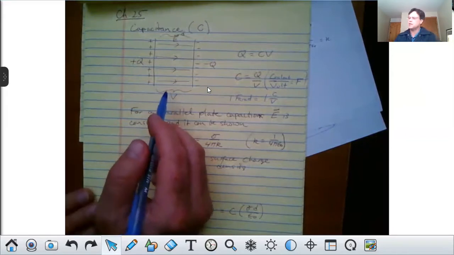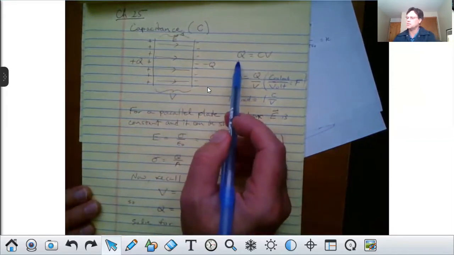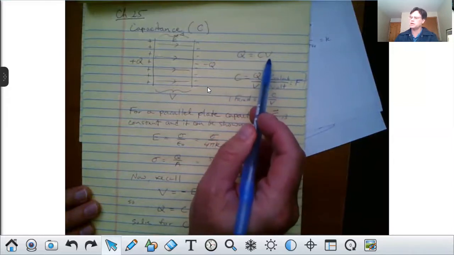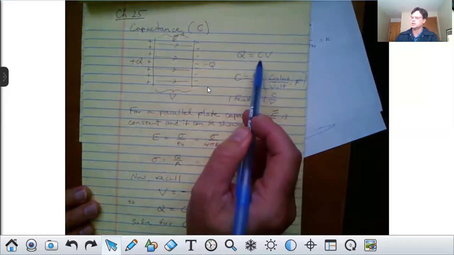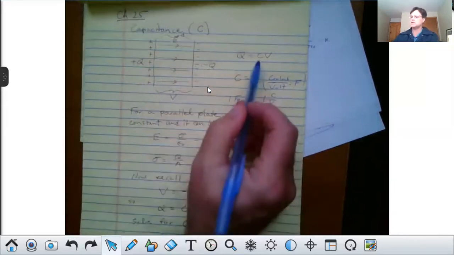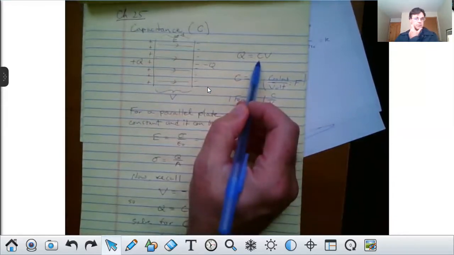So let's define capacitance. If you do some experimentation, you find that the amount of charge on the plates, Q, is proportional to that voltage. Bigger voltage, bigger charge. The proportionality constant, which depends on the geometry of the plates, is C, and that's our capacitance.